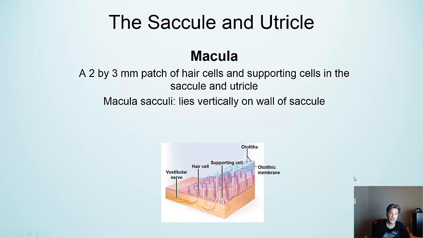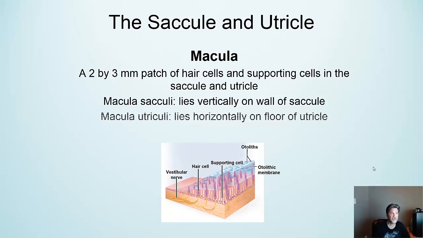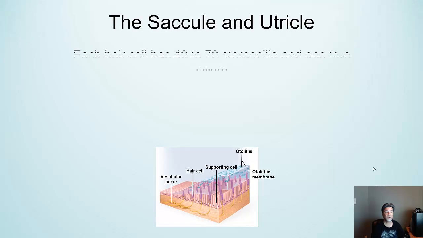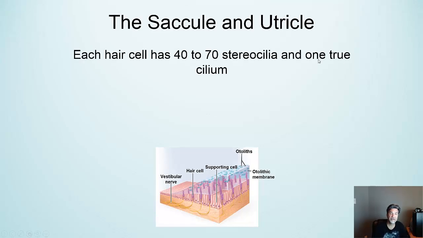You should know that the saccule lies vertically, whereas the utricle lies horizontally. So we have two patches of tissue that are going to adjust with our head position and tell us what position our head is in relative to the body. You've only got about 40 to 70 of these cilia projecting off each hair cell, but there is one true cilium.